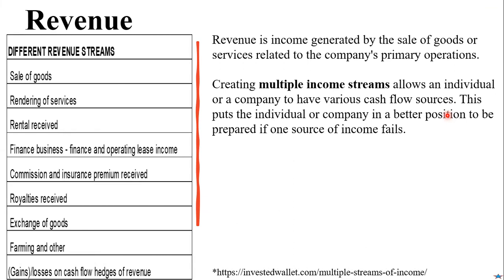Having multiple income streams allows a business or individual to have various cash flow resources. This puts the company in a better position to be prepared if one or more sources of income fail. Good business practice is to explore other revenue streams and move away from the danger of having their eggs in one basket.